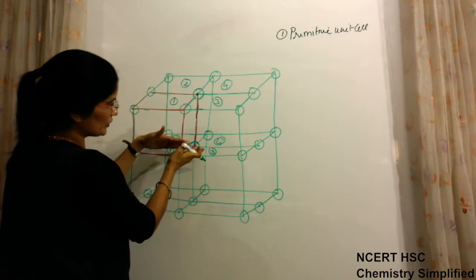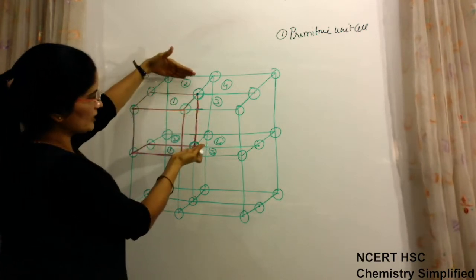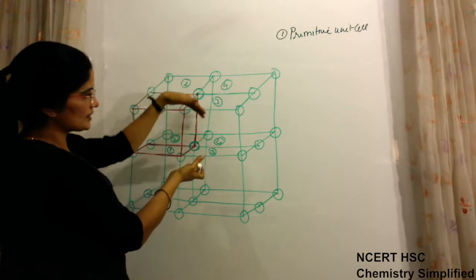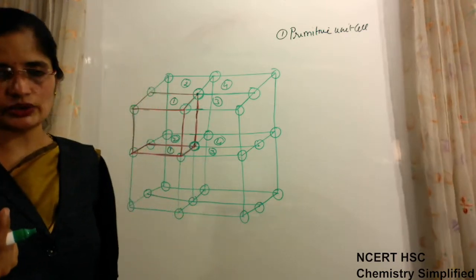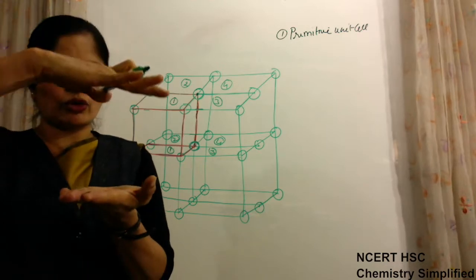And because this particle is in between, the layer above it is also there. Above it, one more layer of unit cells is there. Then that particular particle is actually part of 8 unit cells, 4 in its own layer and 4 from the top.